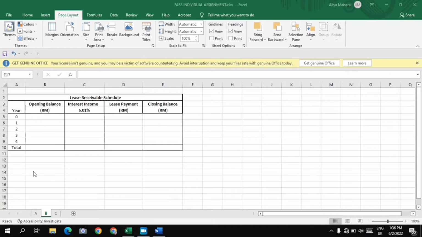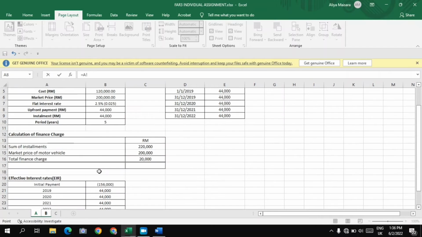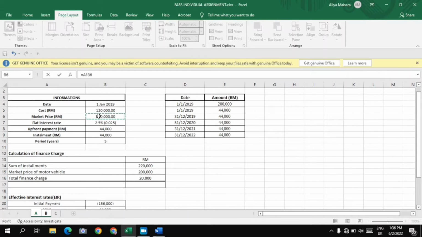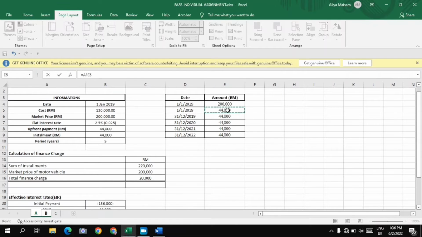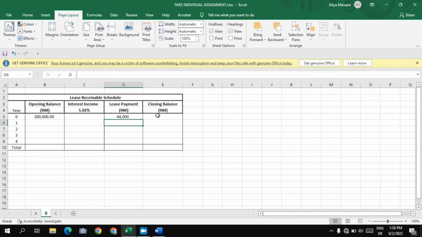Next is the lease receivable schedule. From this we have the opening balance of RM 200,000 from the market price of the motor vehicle, interest income, lease payment, and the closing balance. The lease payment is RM 44,000, the same amount every year.